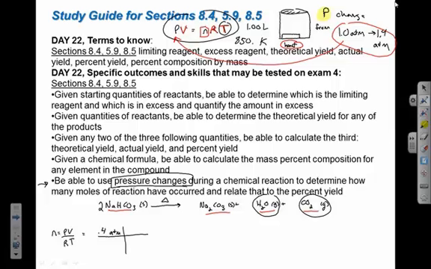So then I'd plug in the volume, plug in R, plug in the temperature. Hopefully this won't give me a really ridiculous number since I just made these numbers up off the top of my head.